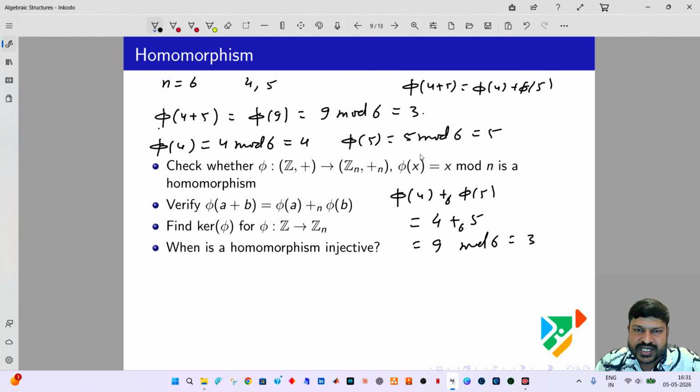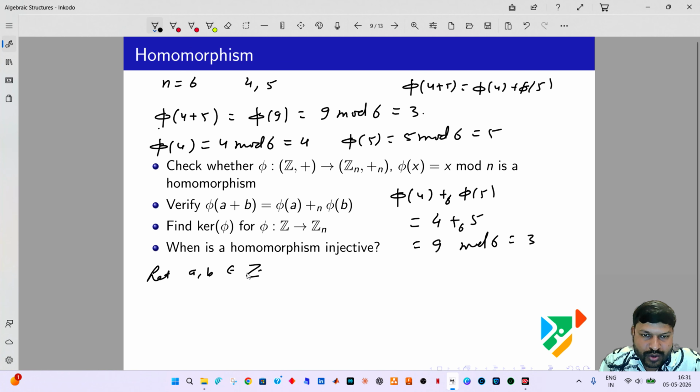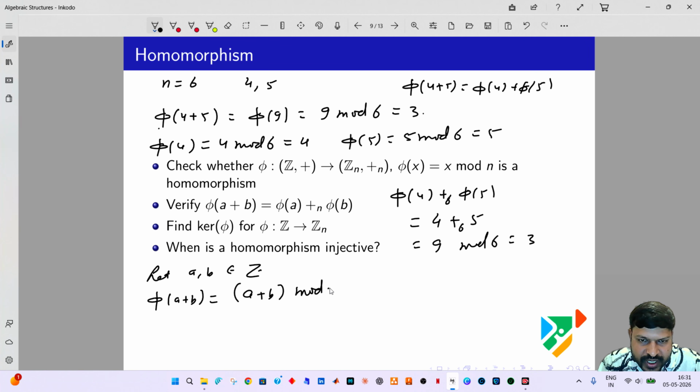So this was just for your understanding. This is not the actual proof. You need to take an arbitrary element. So let A and B be arbitrary elements from the group Z. So what is phi of A plus B? This is A plus B mod n.